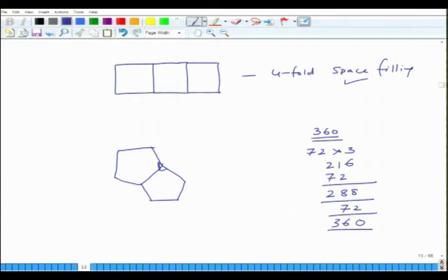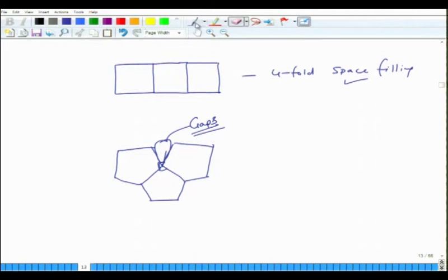So, if you try building around it, this will go something like that. So, you leave a gap here. Similarly, if you try to do the same exercise on other points, you will keep leaving gaps. So, pentagons do not fill the space. So, there are gaps in the structure with pentagon filling.